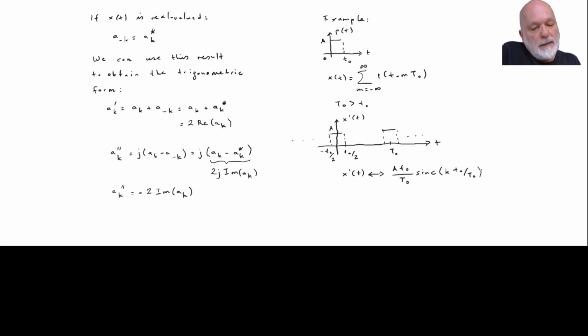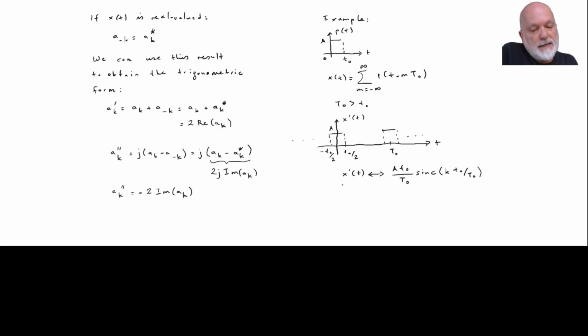Okay, but in our example, x of t is the periodic extension of the pulse p of t, and as you see here, the signal x prime of t therefore is related to x of t in the following way, by means of a simple translation or time shift.